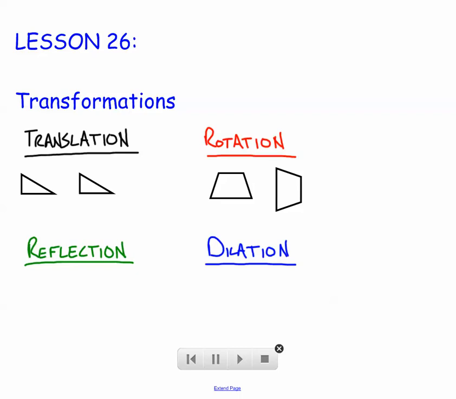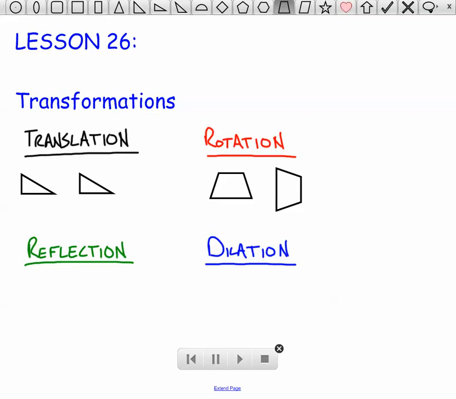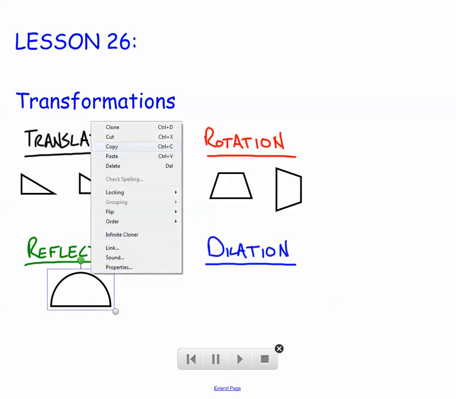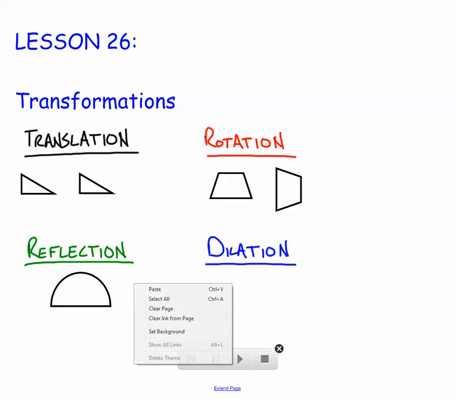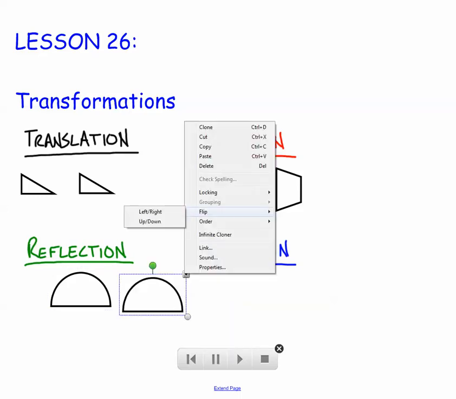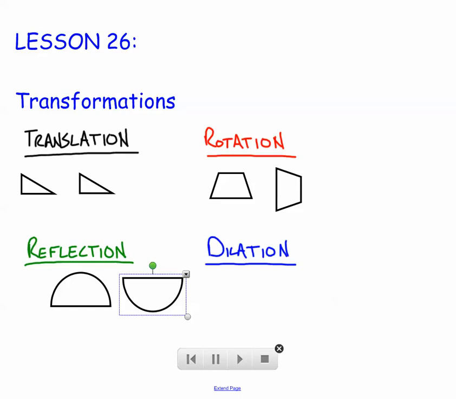a reflection. Let's grab a good one here. How about this? Yeah, this little half circle here. A reflection of this guy would look something like this. First of all, I'm going to copy it. And then I'm going to flip it. Let's flip it down like that.